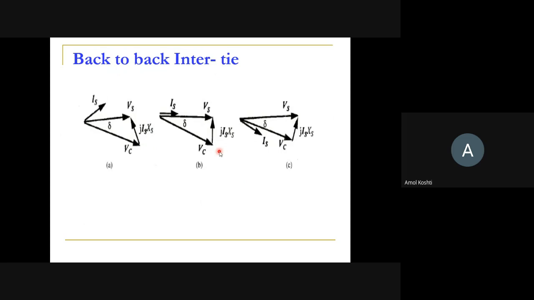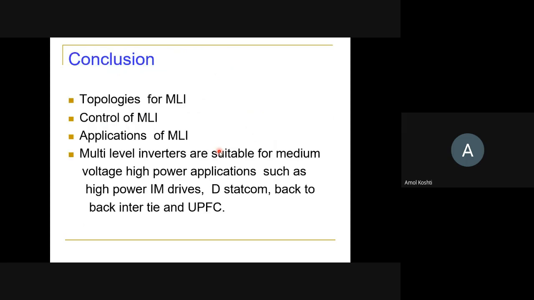Okay, so that is how we can compare it based on the physical construction, the mathematical formulations, the nature of the output, and the simplicity and complexity of the circuitry. That is how we can compare the multi-level inverters.